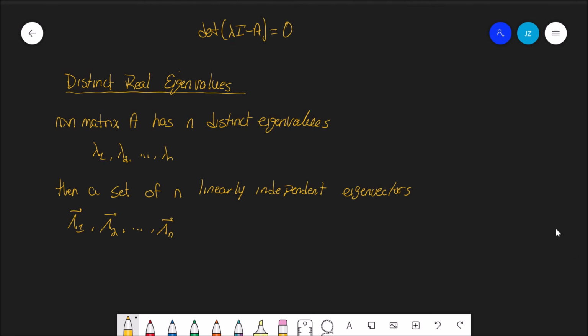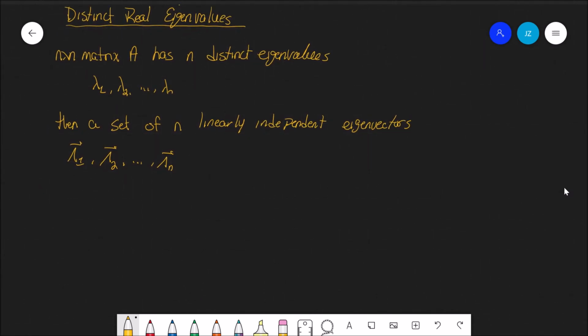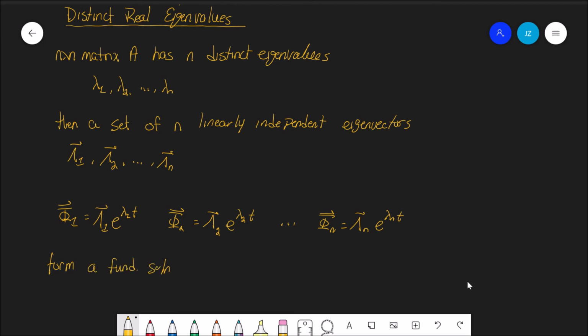So if we form solution vectors, phi1 equals capital lambda 1 e to the lambda 1 t, phi2 equals capital lambda 2 e to the lambda 2 t, and so on, these form a fundamental set of solutions.